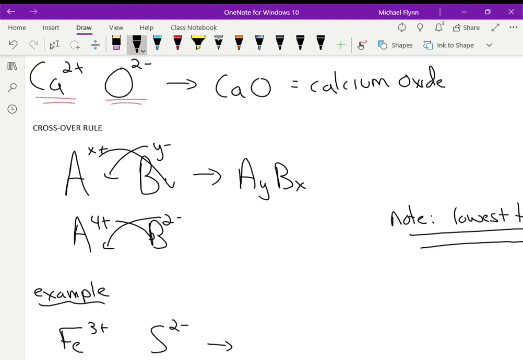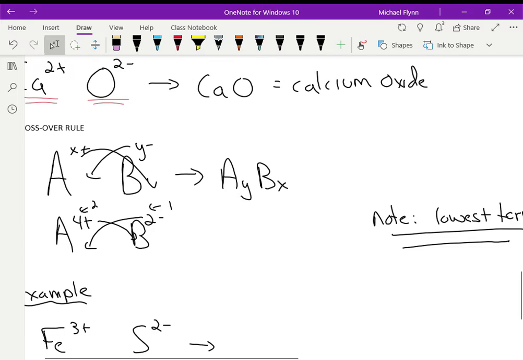Those numbers are both divisible by 2. So I'm going to divide them both by 2 first. And I get, this will become a 2 and that'll become a 1. And so when they combine, you're going to get A, B, 2 like this. In lowest terms. So cross over the reduced terms. It's important to do that.